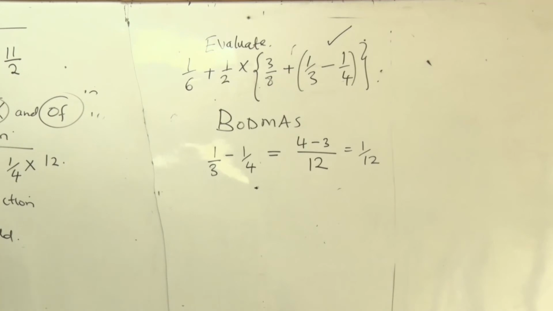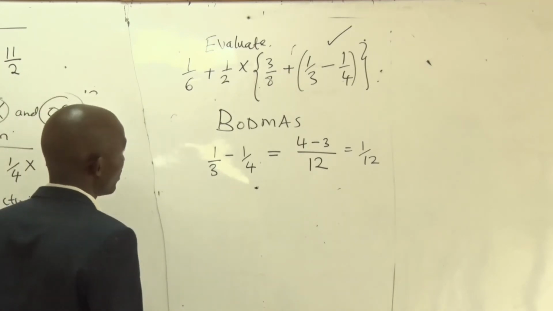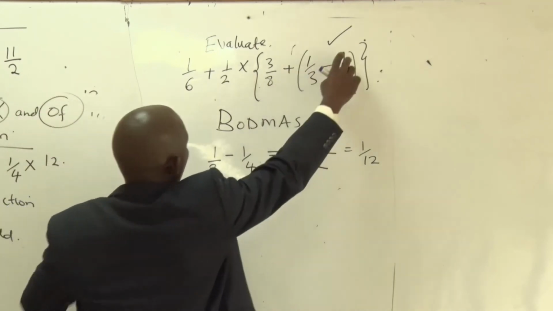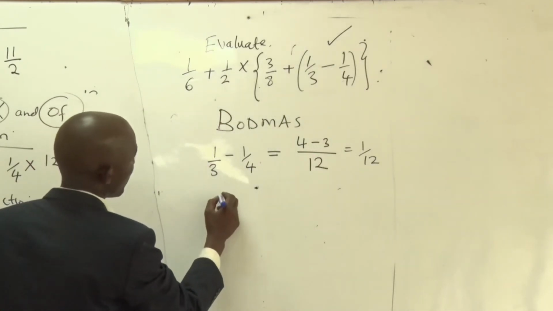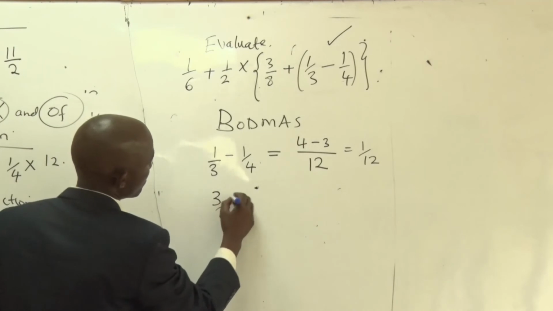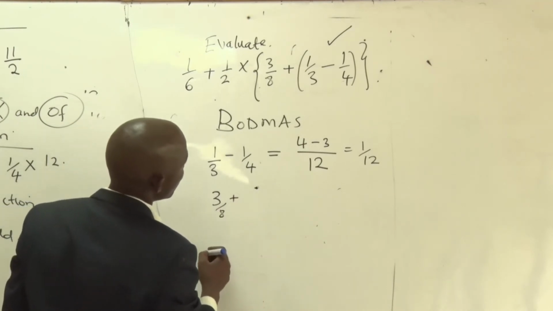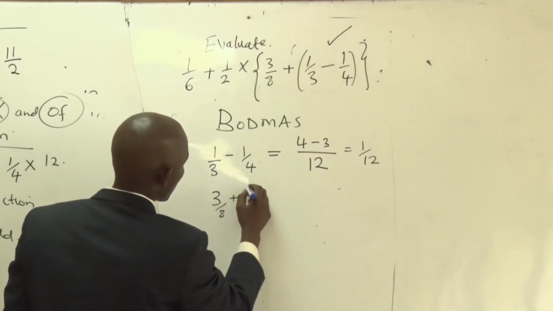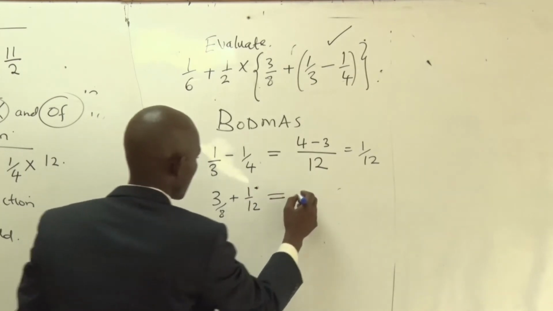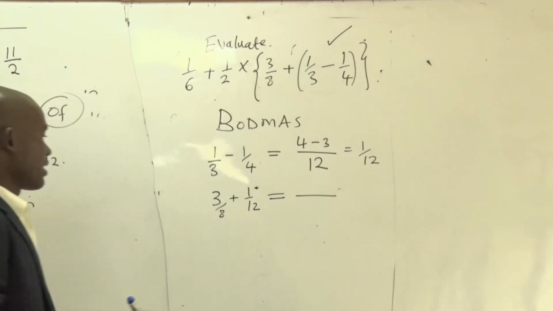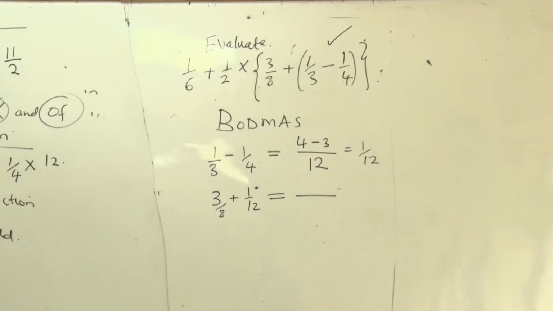Then we move on and add it to this one. Remember this one is still under brackets, so you have 3 over 8 plus 1 over 12.